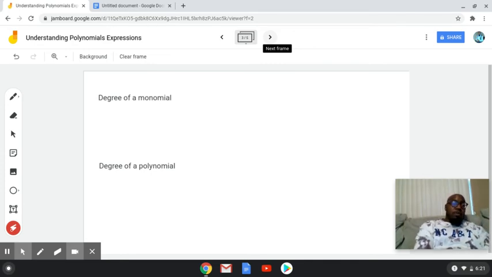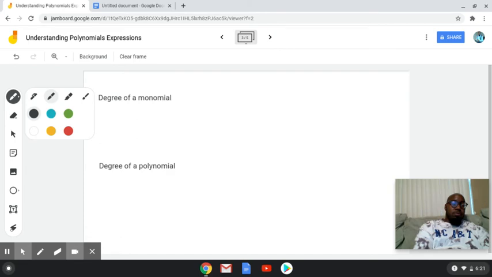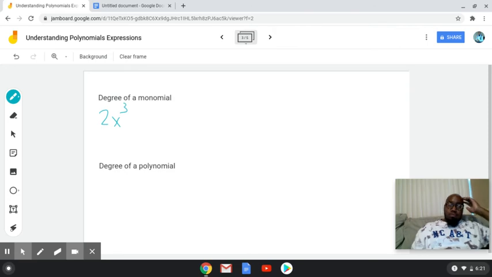So for instance, let's just write a regular monomial, say 2x to the 3rd power. The degree of this monomial would just be 3, because you're only looking at the variable. So it'd be a degree of 3.